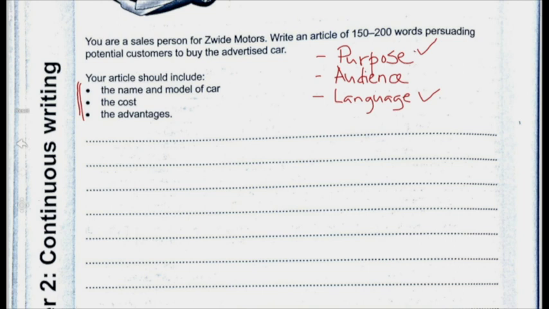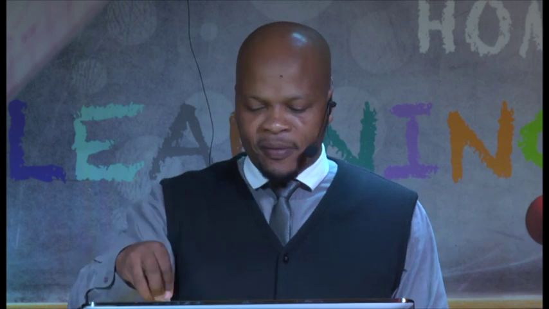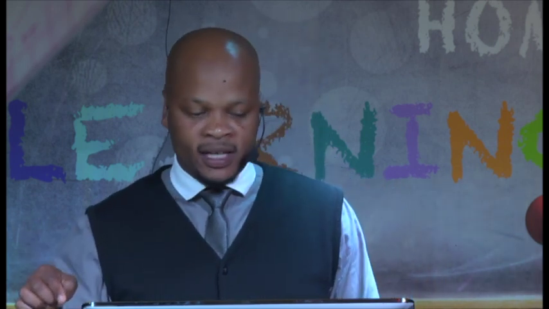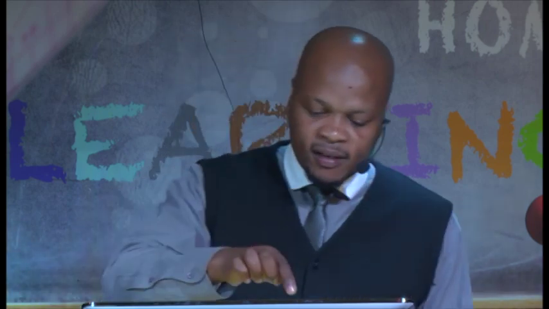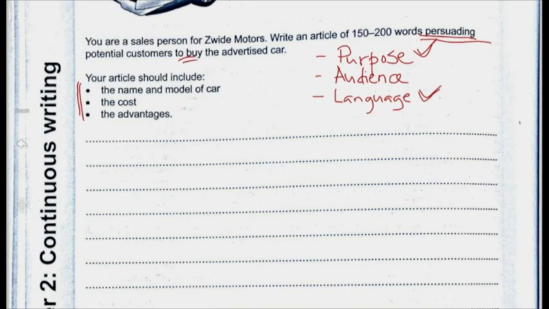That is where we talk of the purpose. Is your language fulfilling the purpose? Is your language correct? Is it appropriate to your purpose, which is persuading? Does it convince the reader? Is it convincing enough to make the reader buy this product? That is what you need to first look at.